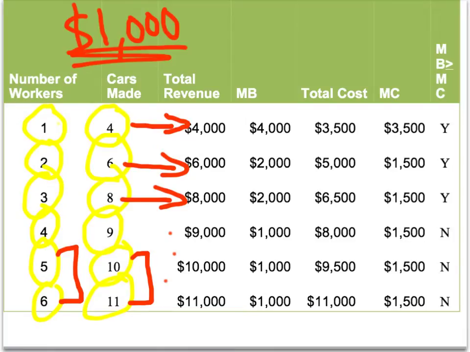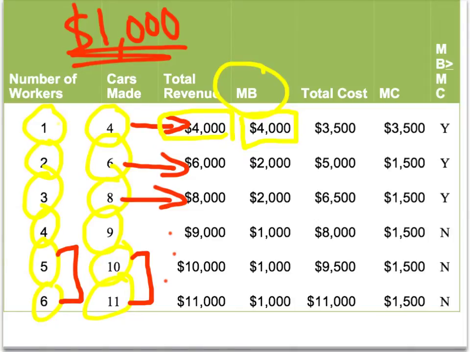Now, we're going to measure the marginal benefit. When you take the marginal benefit, all you're doing is seeing, from hiring an additional worker, what the marginal benefit is. So when they go from hiring 0 to 1 workers, you go from 0 to 4,000 in revenue. So your marginal benefit is 4,000.